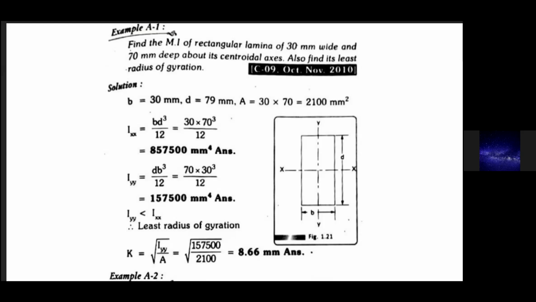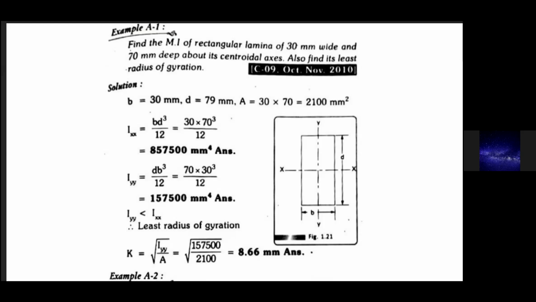Fine. Area A is equal to B into D, that is 30 into 70, 2100 mm square. And we have to find the moment of inertia about its centroidal axis. Just see here, draw the rectangle. Its x and y are the centroidal axes, that is, axes passing through its centroid.